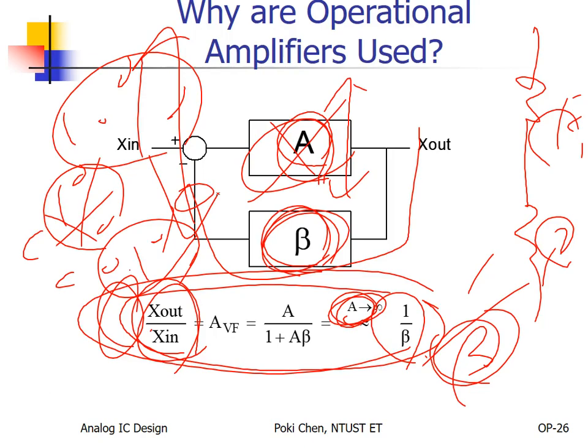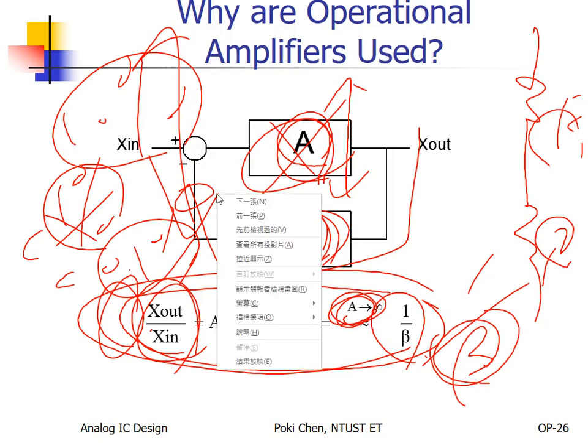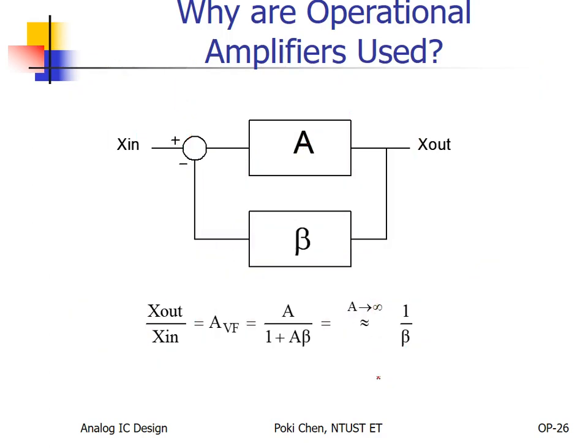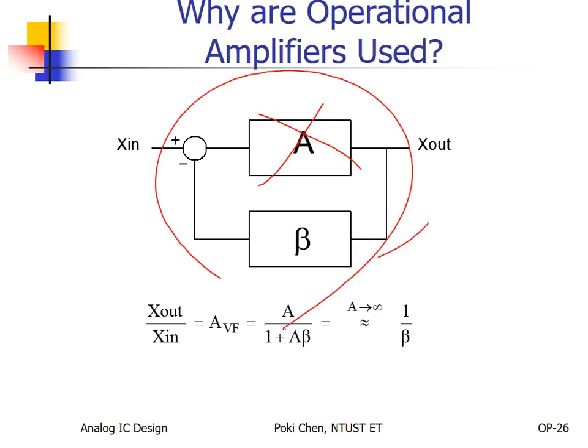So this is the reason why we don't apply an op-amp individually. No, because it has too much variation. To stabilize its performance, we need negative feedback to get this. We can promise you a happy enough future.